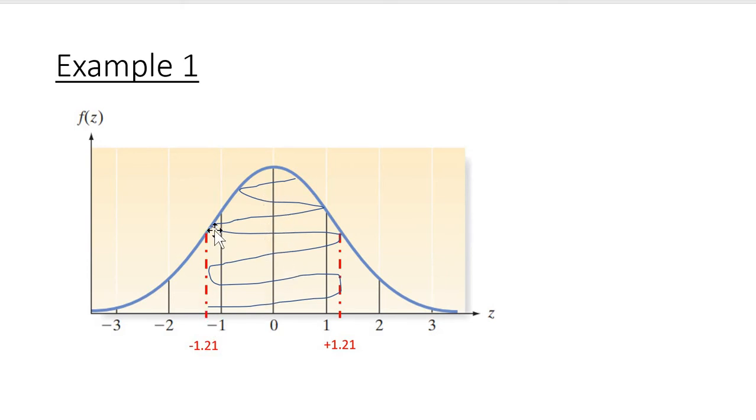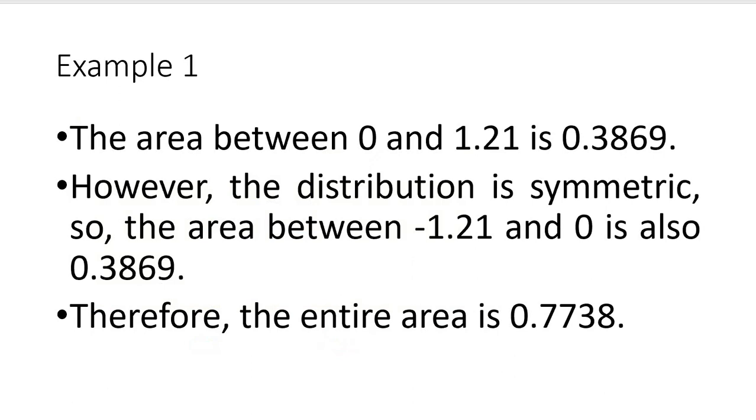So when it comes to this area, it should be equal to this one, because we have pretty identical values here. So again, we know that the area between 0 and 1.21 is equal to 0.3869. And we know the distribution is symmetric, so the area between negative 1.21 and 0 will take the same value.